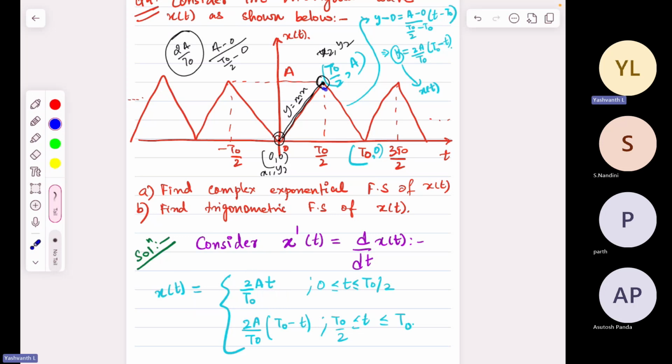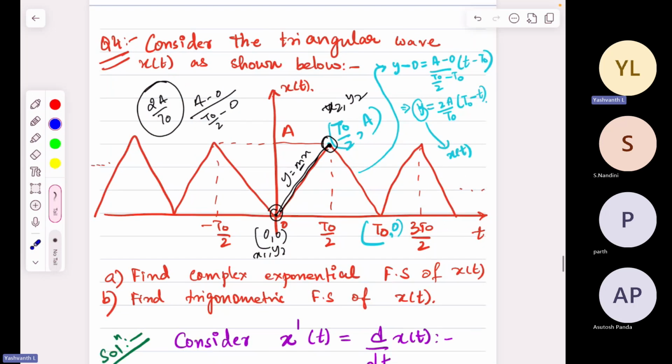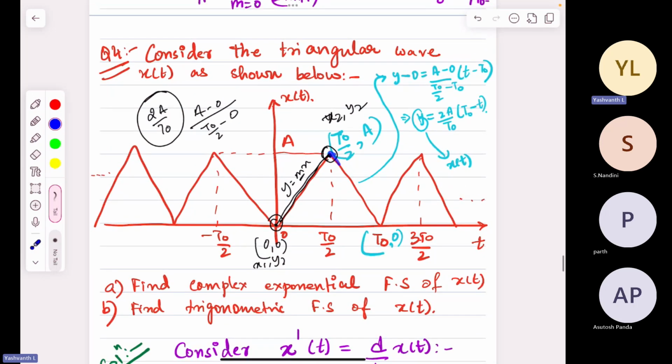Now we need to find the equation of the line in this region. I've just written it down here. For this region, the first coordinate is t0 by 2 comma a, and the second coordinate is t0 comma 0. What is the equation when you have two coordinates?